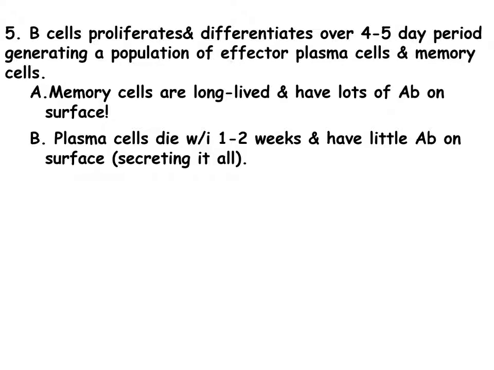They have lots of antibody on their surface, and they are ready for the pathogen that stimulated them and ready to eliminate it before it causes any injury, so they won't cause disease. The plasma cells that secreted a ton of the antibody die within a period of time, but you have the memory cells to protect you.